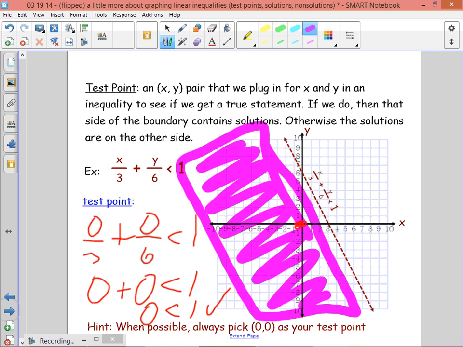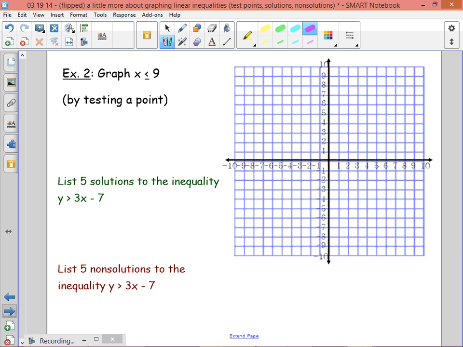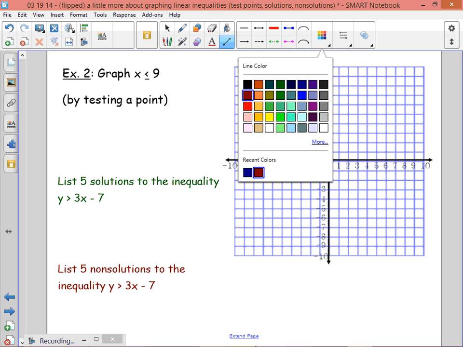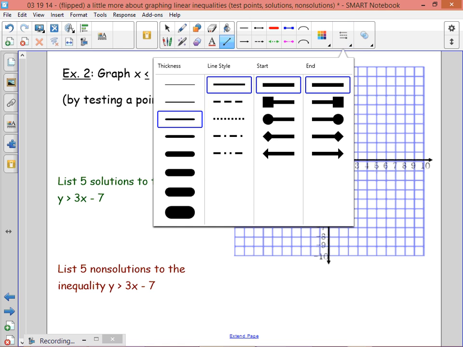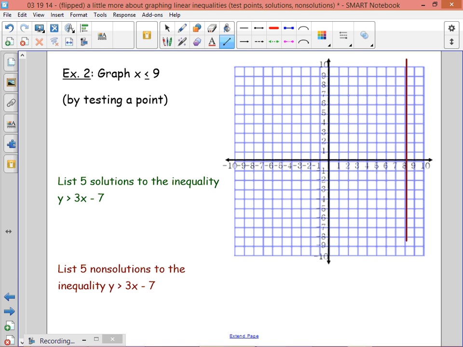Okay, so let's do a couple more. Graph x is less than or equal to 9 by testing a point. Granted, you really don't have to test a point here, but I want you to get in the practice of doing it, so we're going to do it on some that we know is true. The line x is equal to 9, everybody should know by now, is simply a solid line now because it can equal, and it is going to be vertical at x equals 9.